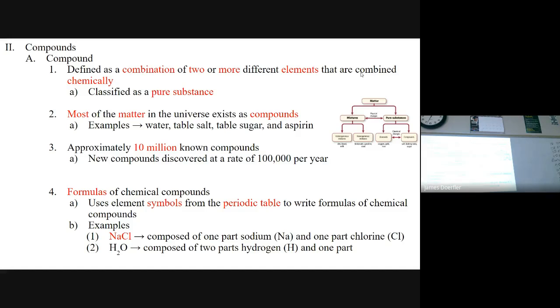NaCl, sodium chloride, table salt. 1 part chlorine, 1 part sodium. We know what the ratios are because of the subscripts or lack of subscripts that are on each symbol. H2O, composed of 2 parts of hydrogen to 1 part of oxygen. We know there's 2 parts of hydrogen because of the subscript of 2 on the hydrogen there.